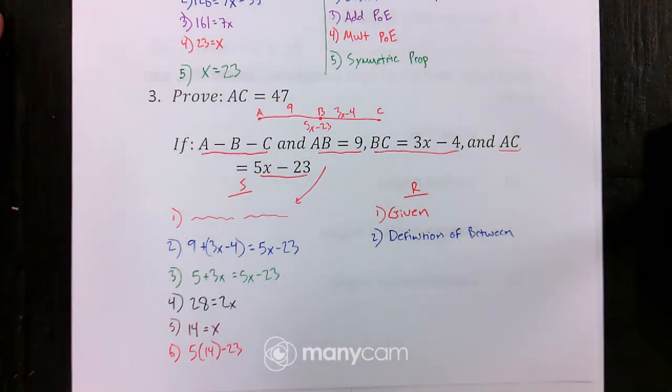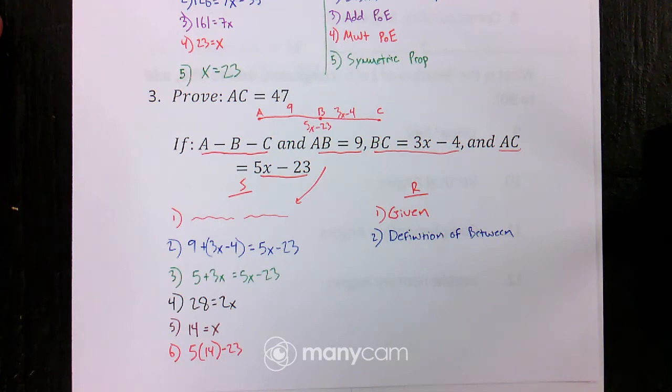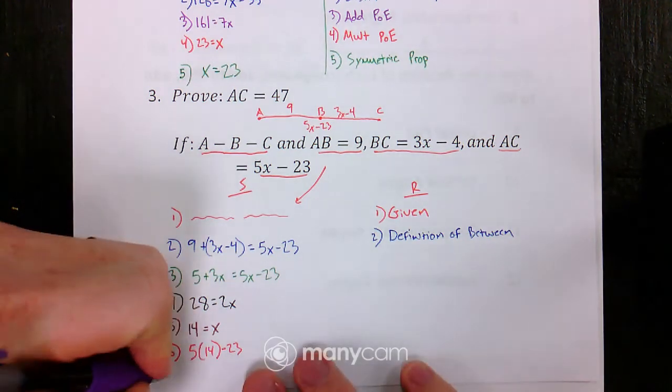What is that? 50, 60, 70 minus 23, 47. Alright, cool.